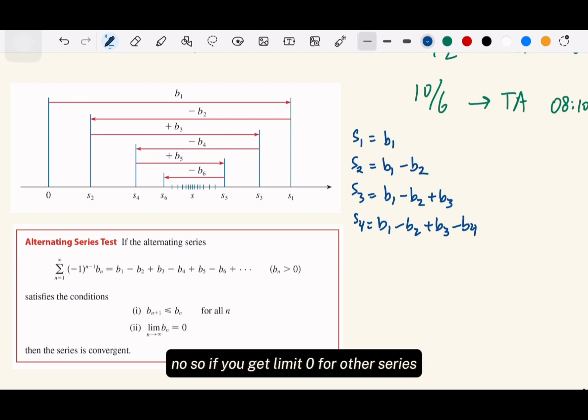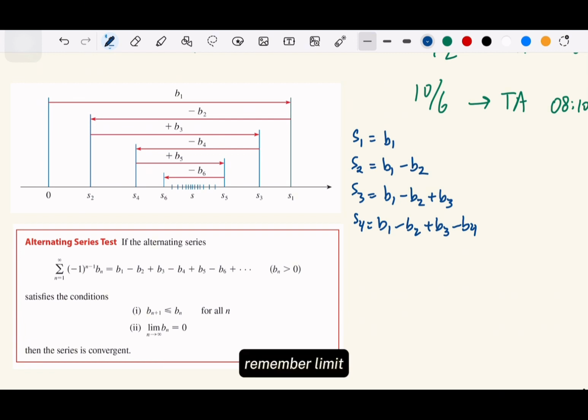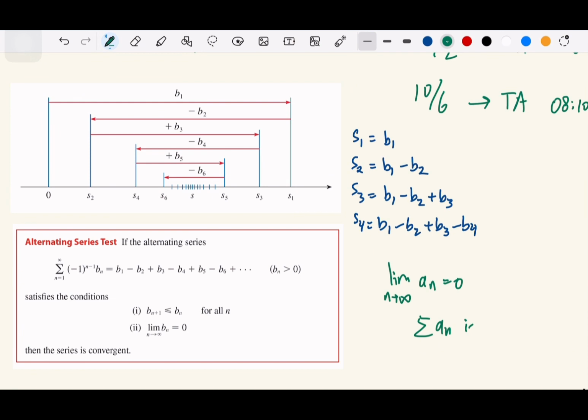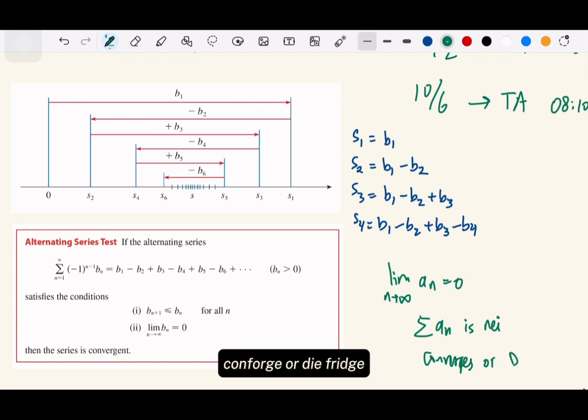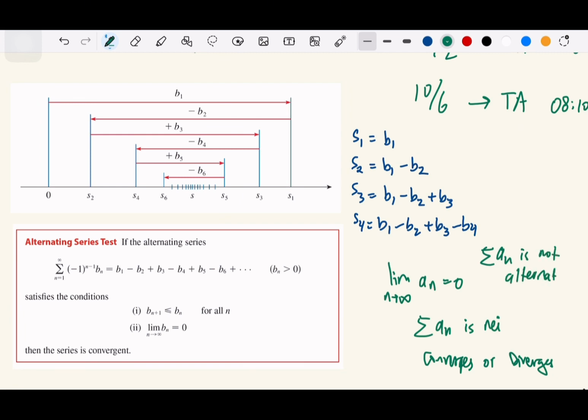No. So if you get limit 0 for other series, okay, remember, the limit is neither converge or diverge, and this is not alternating. Okay? Please remember this.